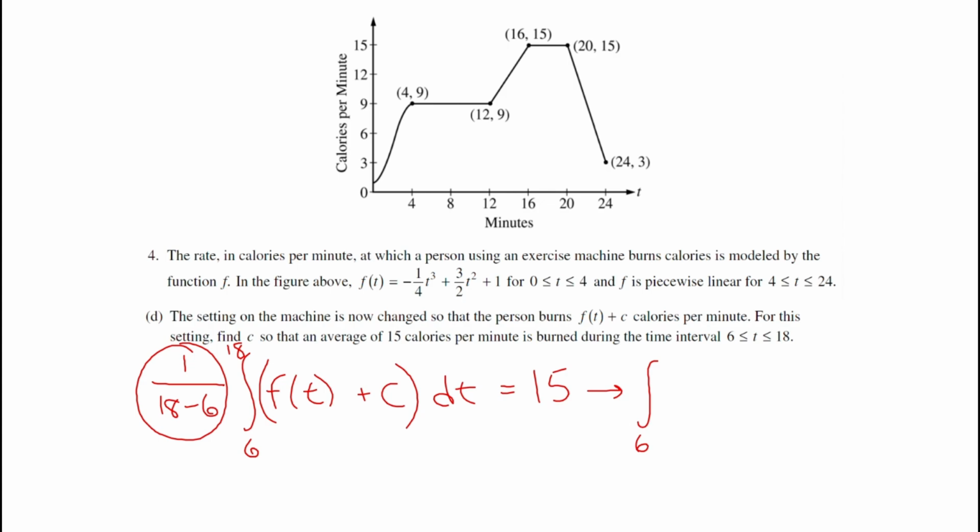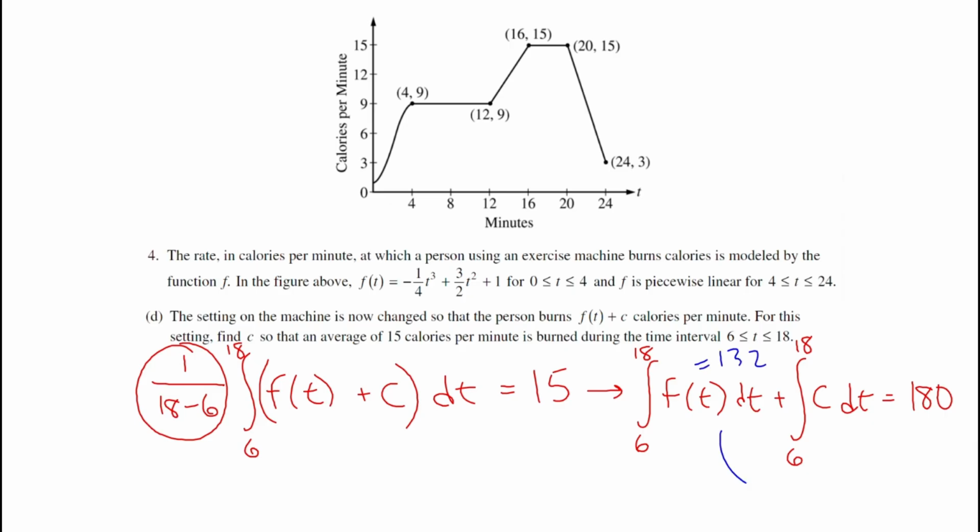So the integral from 6 to 18 of f of t dt plus the integral from 6 to 18 of c dt needs to equal that 15 times 12, which we just said was 180. And we already knew that the integral from 6 to 18 of f of t was equal to 132.